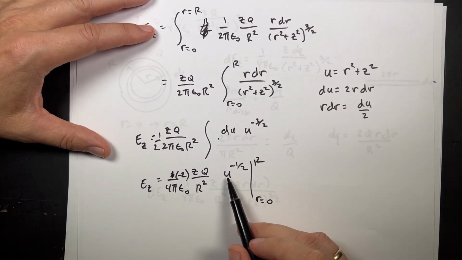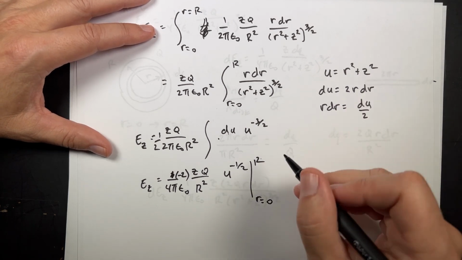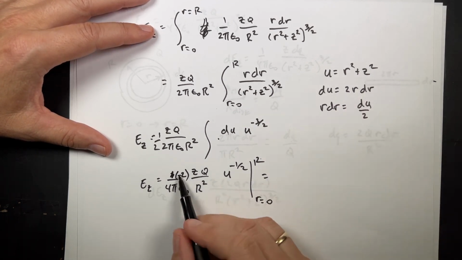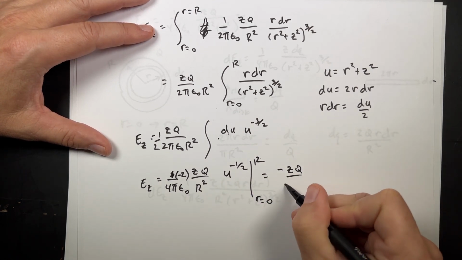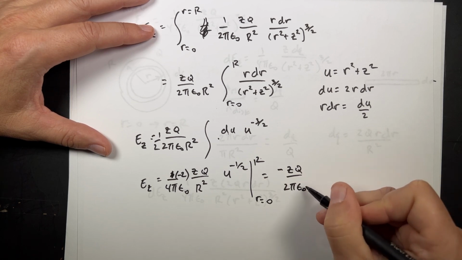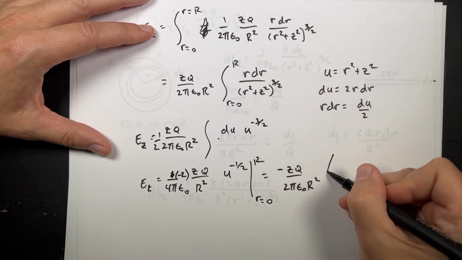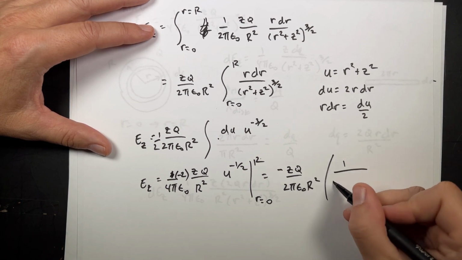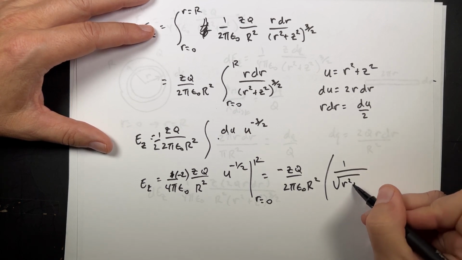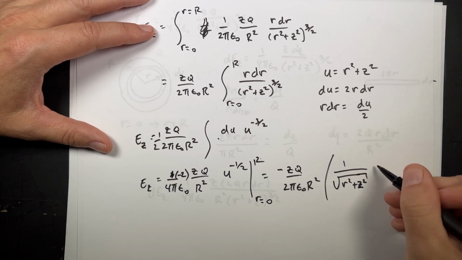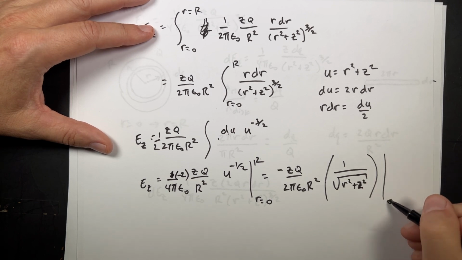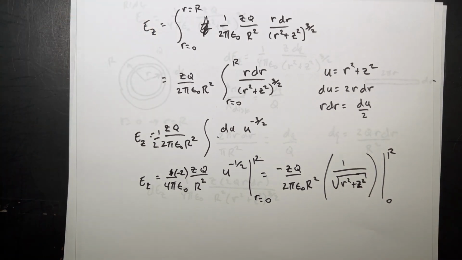So to evaluate, let's put back in our expression for u. The 2 is going to cancel. So I get negative zq over 2 pi epsilon naught r squared, and then 1 over the square root of r squared plus z squared, from 0 to R. Whew. I've got 2 sheets of paper left.